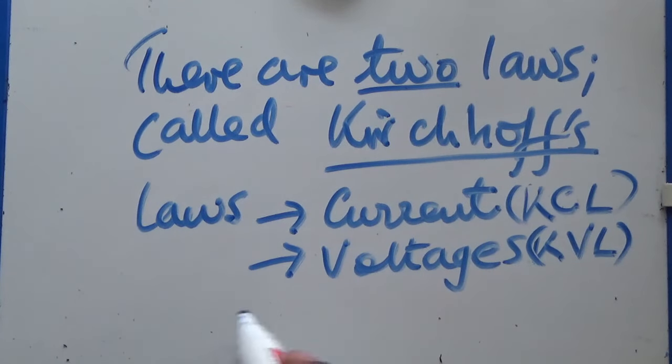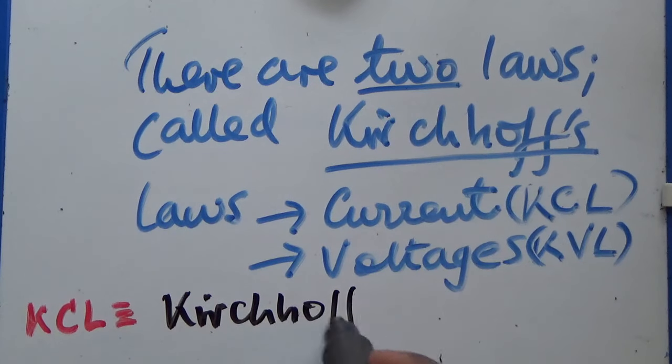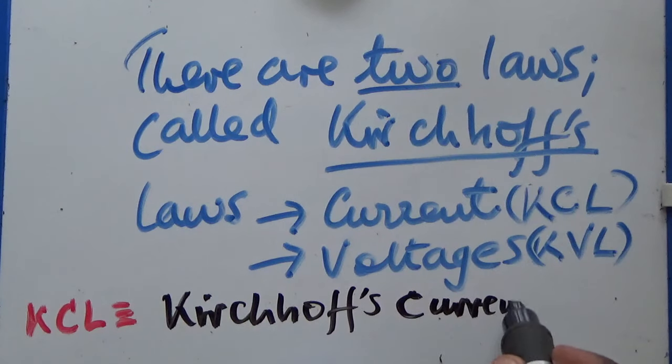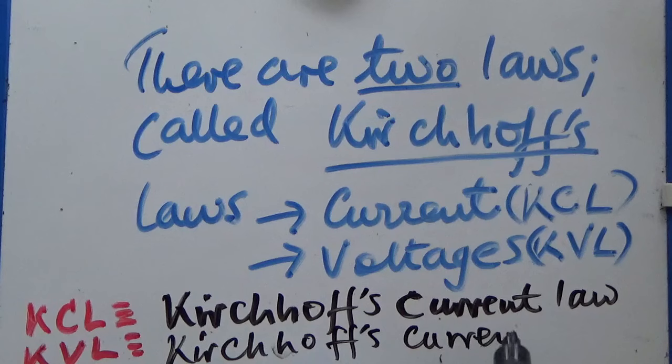I can put it in a summary way here. KCL is short for Kirchhoffs current law, and the other one is KVL, which is Kirchhoffs voltage law.